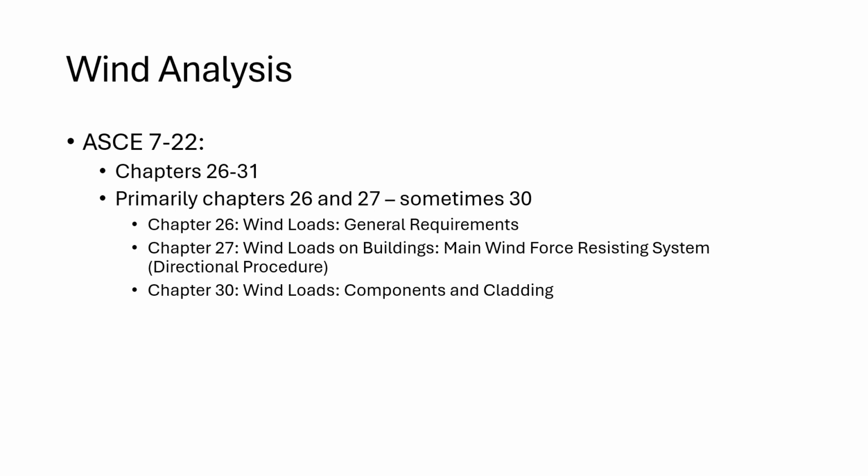So Chapters 26 through 31 cover the entire wind analysis section for ASCE 7, but these are the three that you'll probably be focused on during licensure exam preparation and coursework.